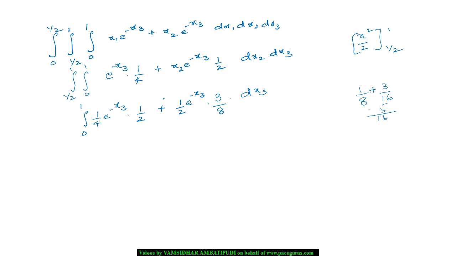Something went wrong. 1 by 2, 1 by 4 into e to the power of minus x3 integrated. So 1 by 2 e to the power of minus x3, x2 is x2 squared by 2, 1 by 2 minus 1 by 2 squared by 2.